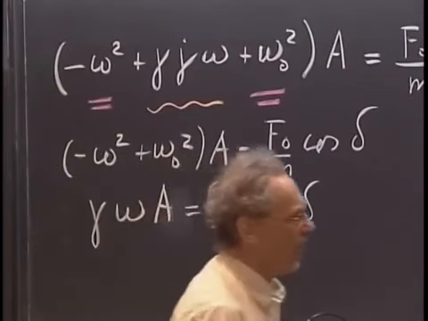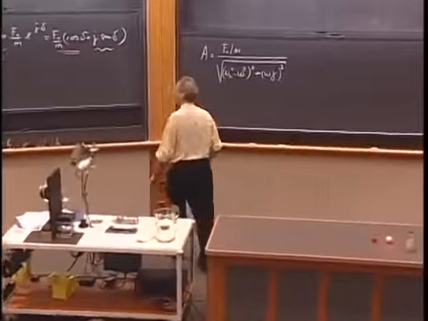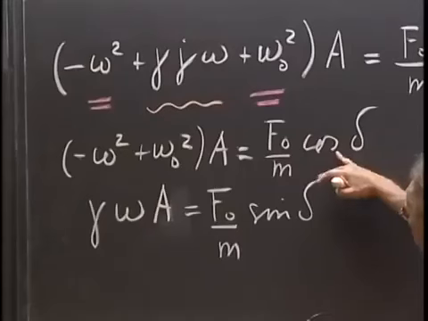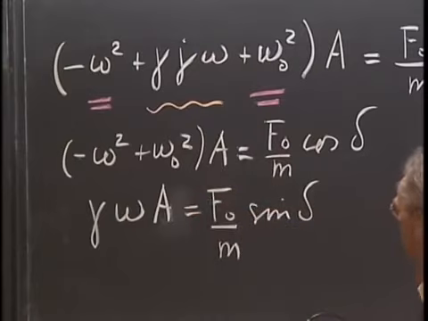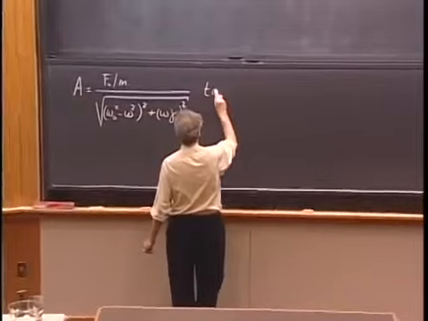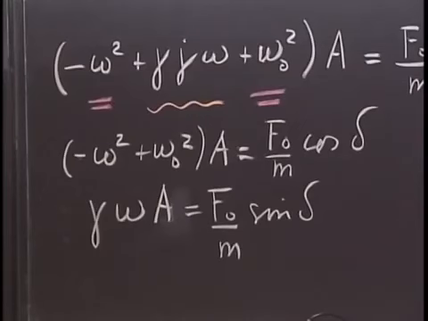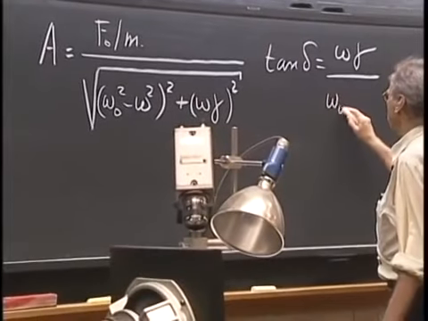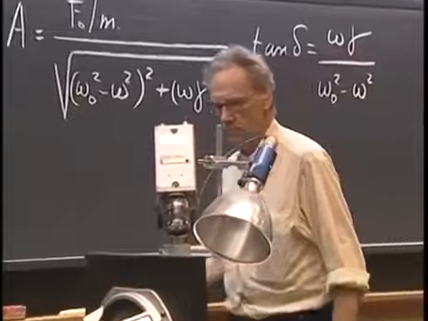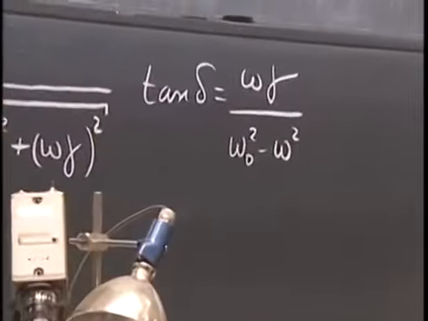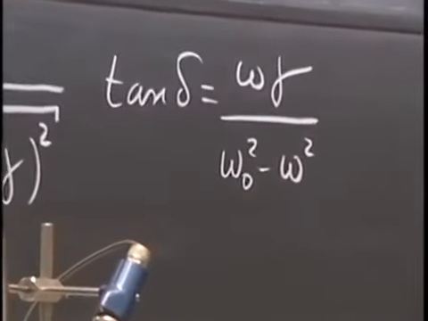And the tangent of delta is easy to find because you divide this equation by that one. You get immediately the tangent of delta. The a's disappear and f0 over m disappears. And so you'll get that the tangent of that angle delta is omega gamma divided by omega 0 squared minus omega squared. We can now return to the real world.